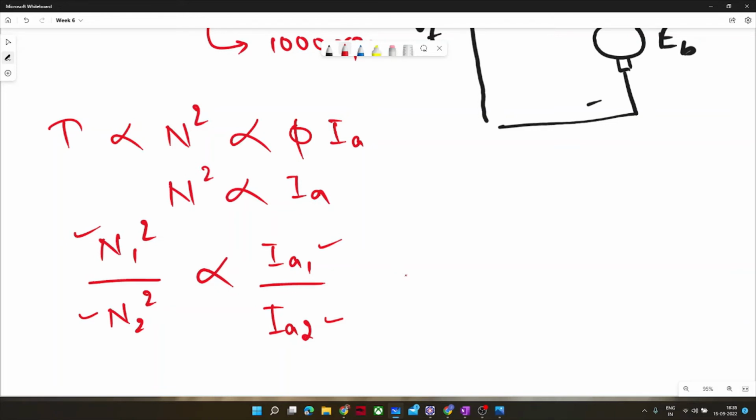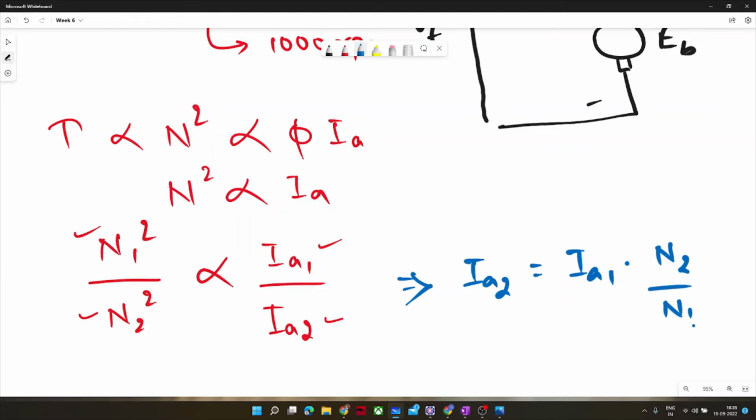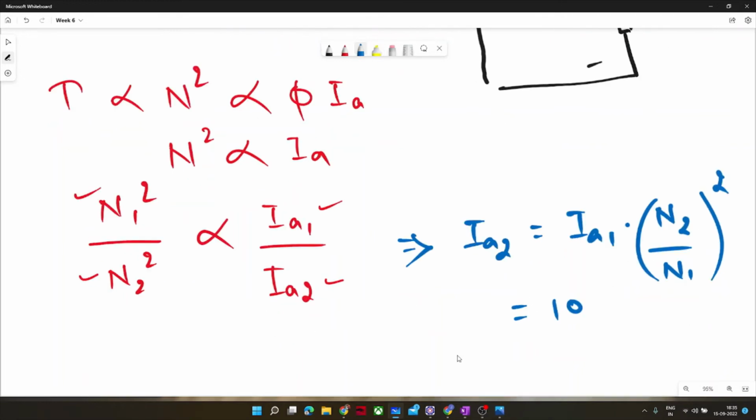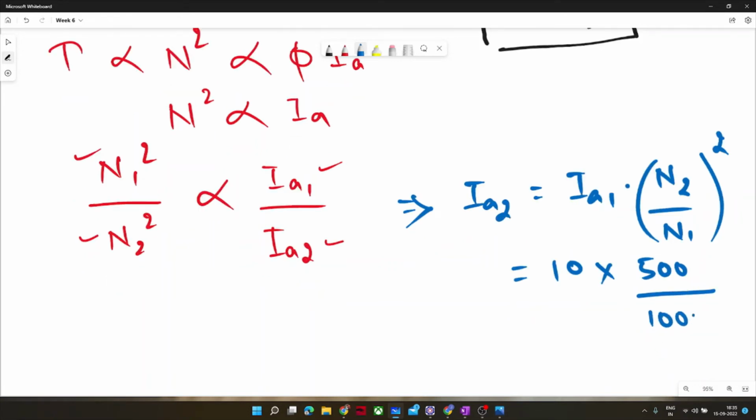So Ia2 will be equal to Ia1 into (n2 by n1) square. Ia1 was 10 ampere into the speed reduced 500 RPM, the speed earlier 1000 RPM, squared, so it would be 2.5 ampere.